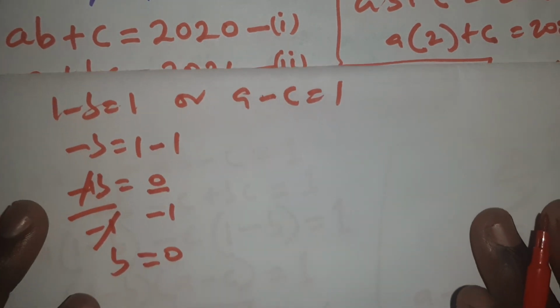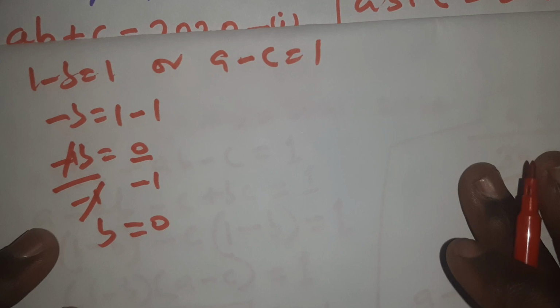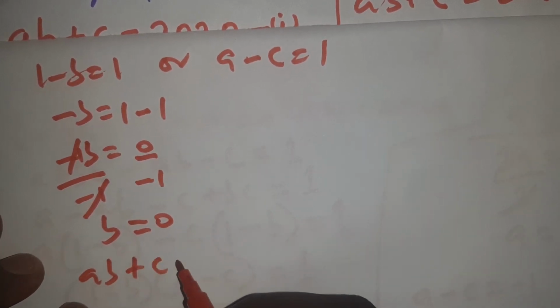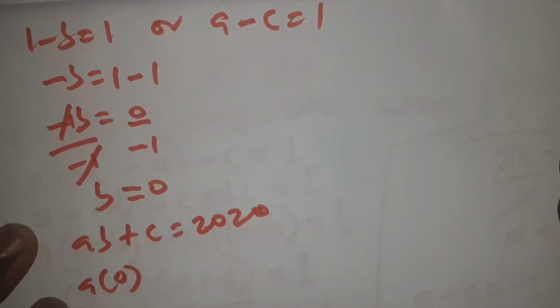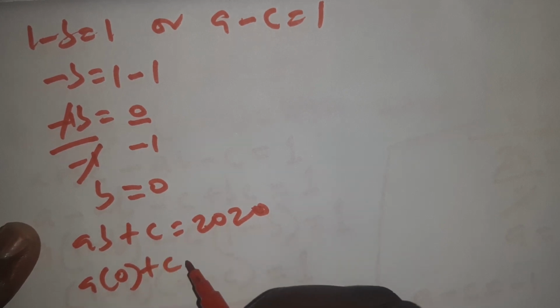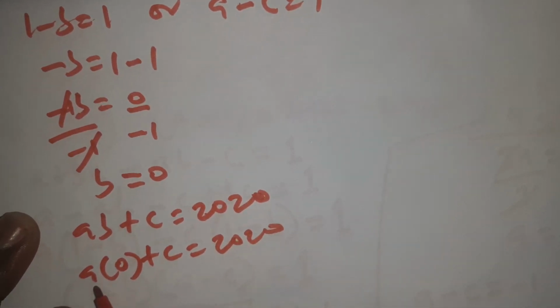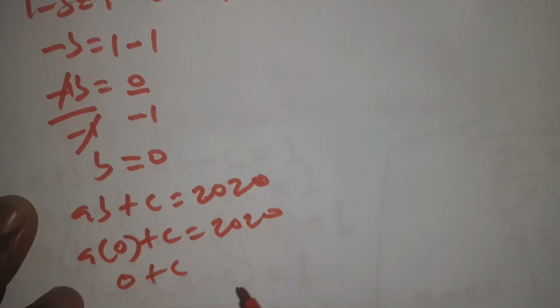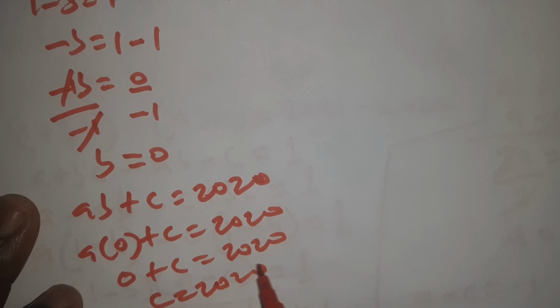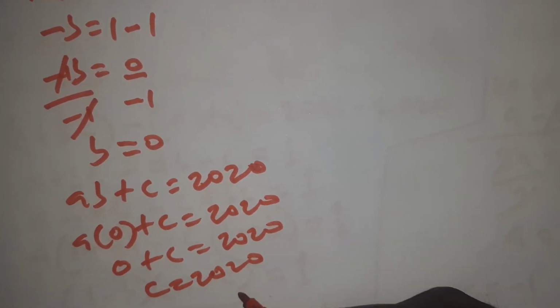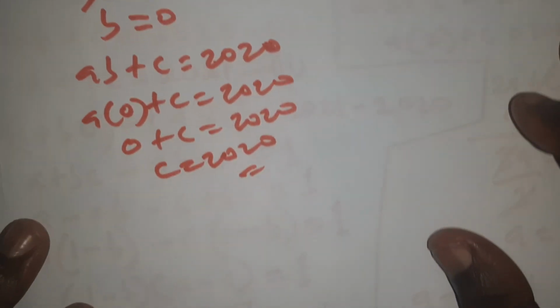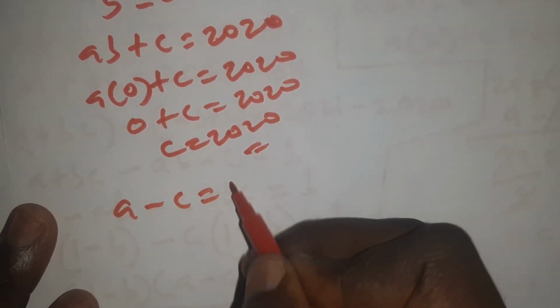So from equation 1, I have AB plus C equals 2020. I now have A bracket 0, because we just got 0 for B, plus C equals 2020. A times 0 is 0, so 0 plus C equals 2020. Then C equals 2020. If C equals 2020, we can fix the value of C into A minus C equals 1.